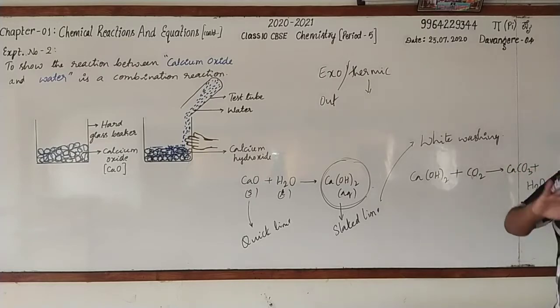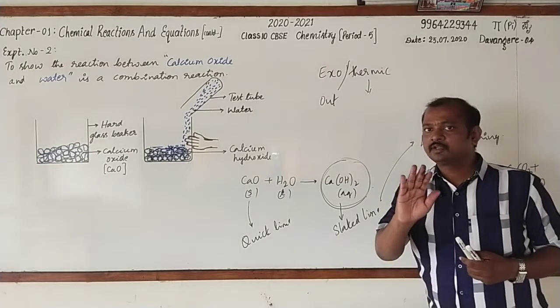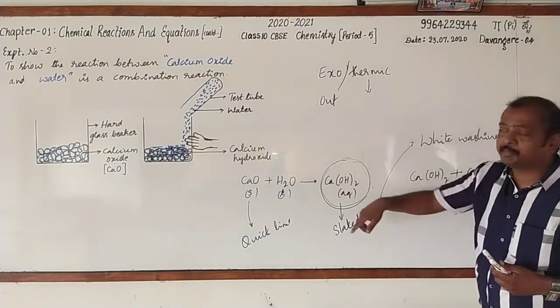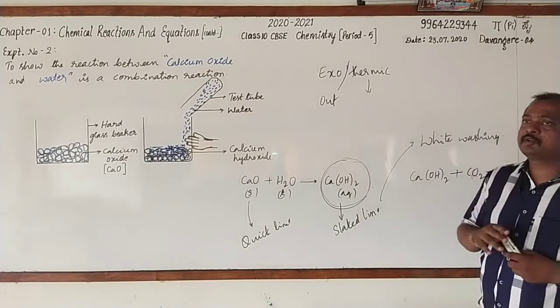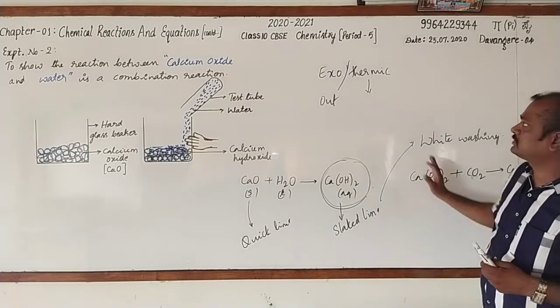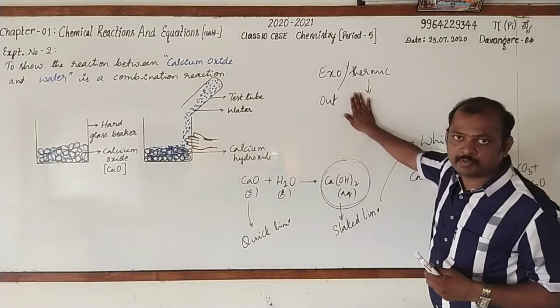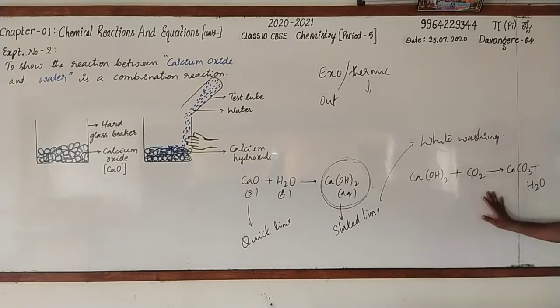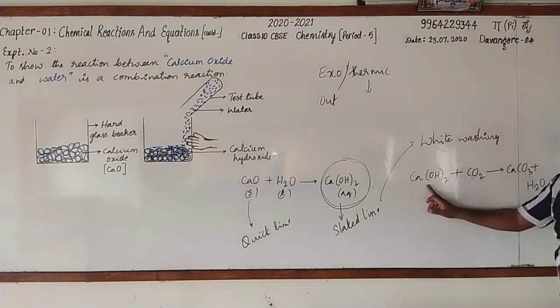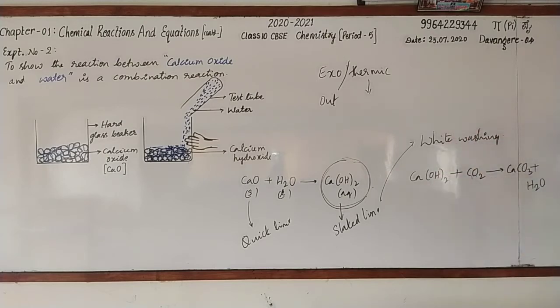That is why the wall gets a shiny appearance. Clear? So particularly in this chemical reaction, we have come to know two more important things. One is exothermic and the second one is why the wall gets a shiny appearance after 2 to 3 days of applying calcium hydroxide to the wall.